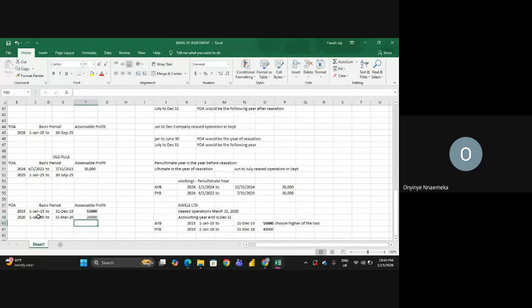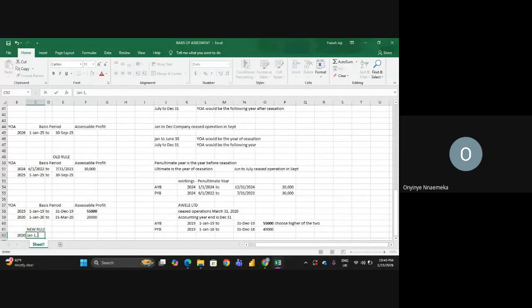That's it. But now if we use the new rule, it is as simple as what? You are only considering the year of cessation, which is 2020. And the rule says from the beginning of the accounting period, the accounting year end is what? December. So the beginning will be what? January.